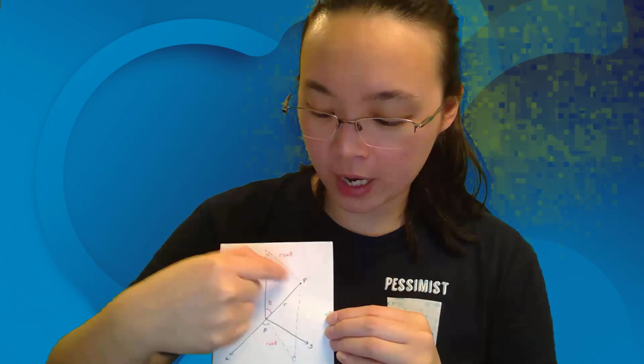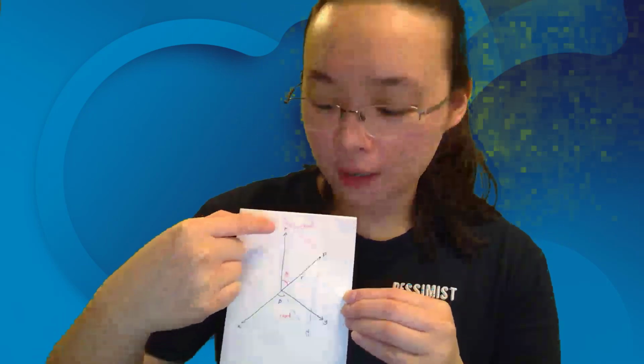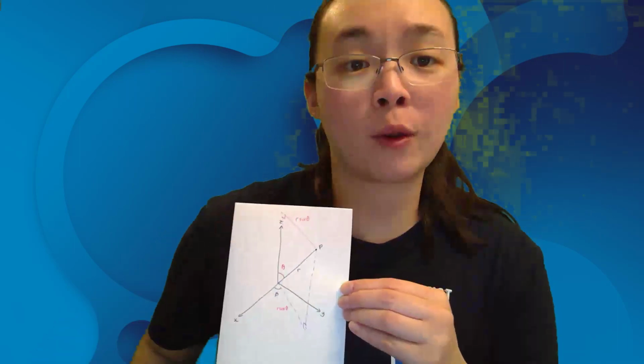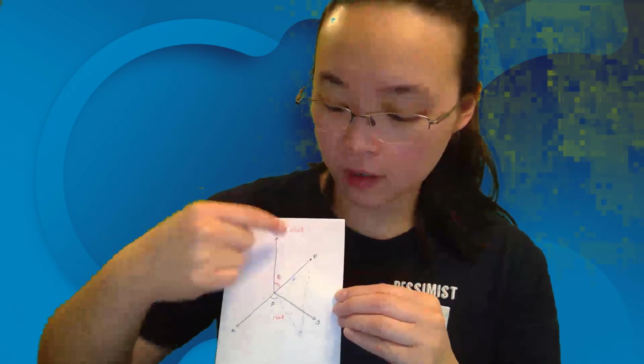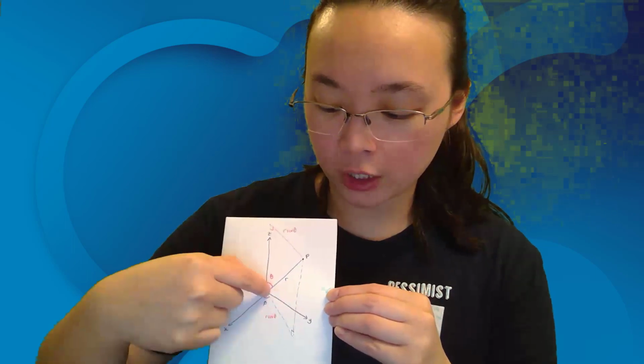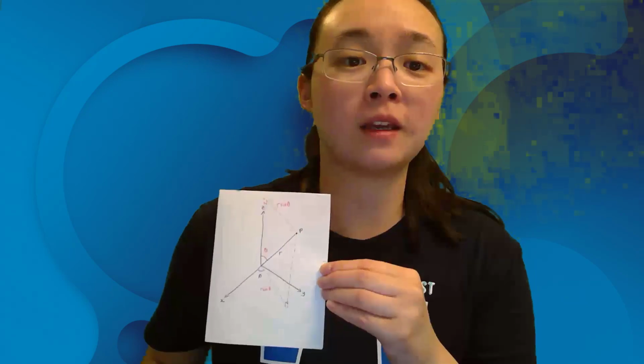Because of this right angle triangle, we know that this is going to be r sine theta. And because this is essentially a parallelogram, these two lengths are going to be equal. So if it's r sine theta up here, that means the projection of r onto the xy plane is going to be r sine theta as well.